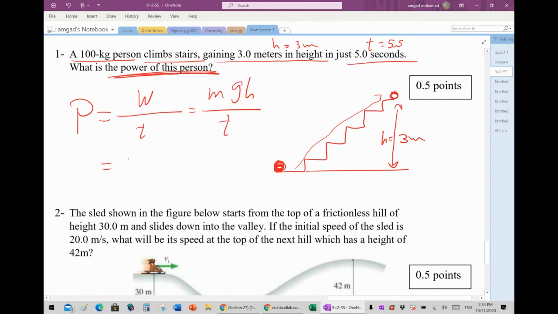So mass is 100 kilogram, g is 9.8, the height is 3, and the time is 5. Okay, so you can solve it and find the result. 588. You got it. So 588 watt.